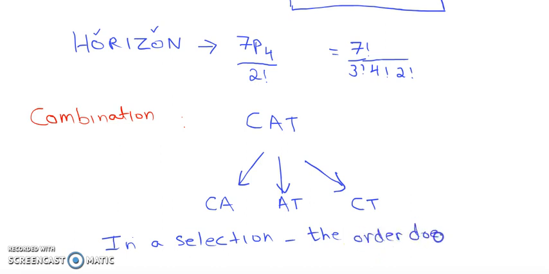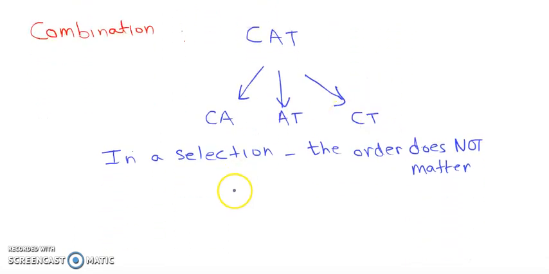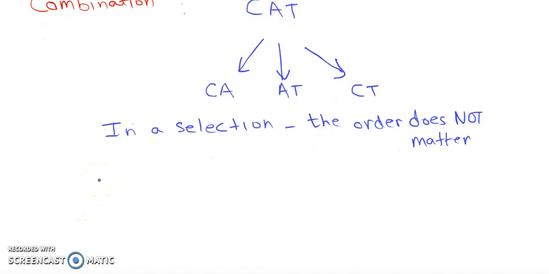This is a key point: the order does not matter. So it doesn't really matter if we have the other arrangements as well. I could say that we have CA, AC, AT, TA, CT, TC, but it really doesn't matter, because in a combination, when we're selecting 2 letters out of 3, the only selections I'll get are CA, AT, and CT, because the others are repeated.